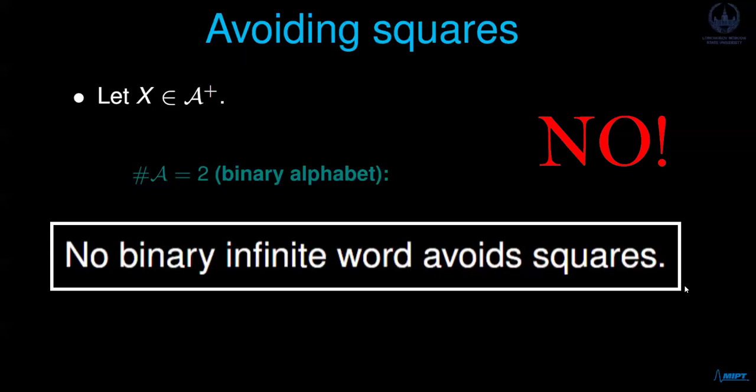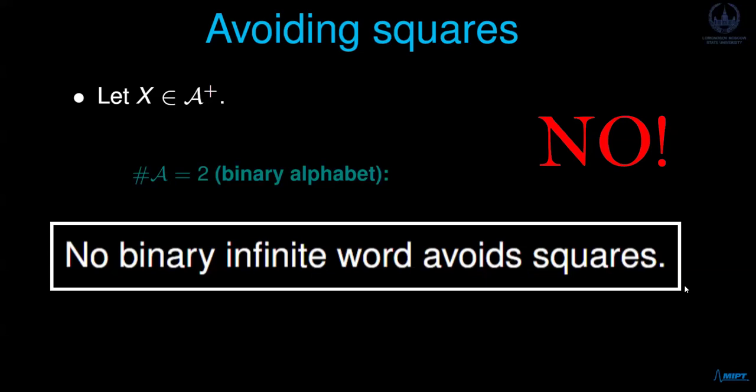Now let's turn our attention to the challenge of avoiding squares in infinite words, particularly over a binary alphabet, where the number of symbols in the alphabet A is 2. While it is possible to avoid squares in finite words, something quite striking happens when we consider infinite words over a binary alphabet.